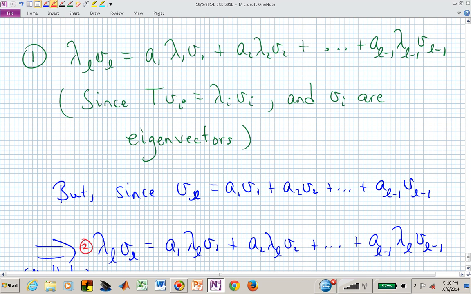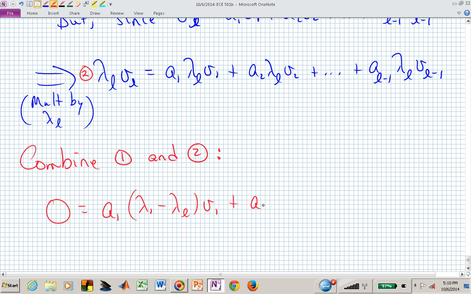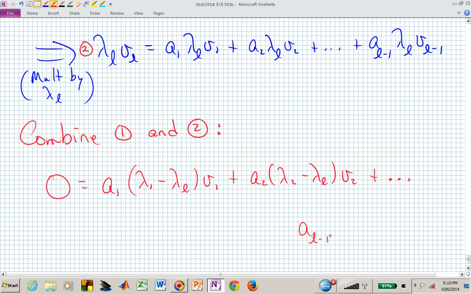So on the left I get 0, and on the right I have a1 times lambda 1 minus lambda sub L v1, plus a sub 2 times lambda 2 minus lambda sub L v2, plus, and I can just keep going until I get a sub L minus 1 times lambda sub L minus 1 minus lambda sub L v sub L minus 1. And I may refer to that as 3.